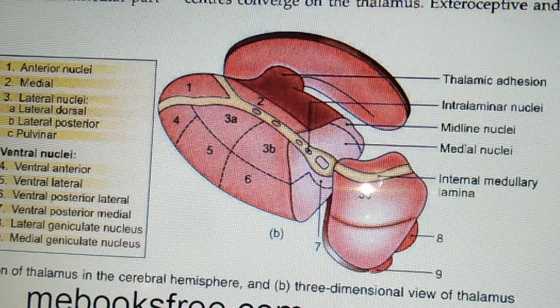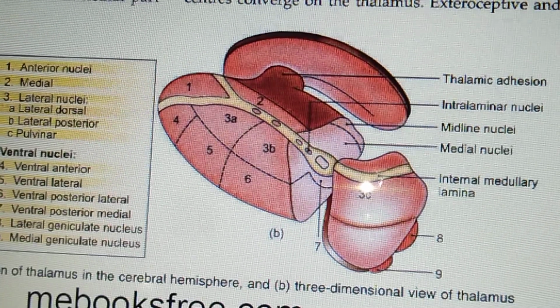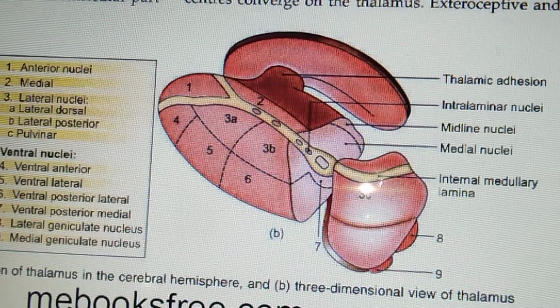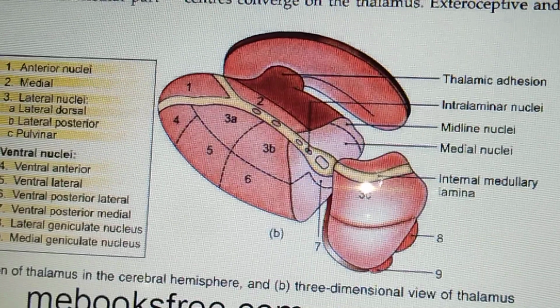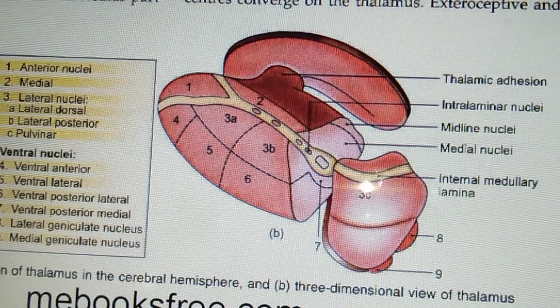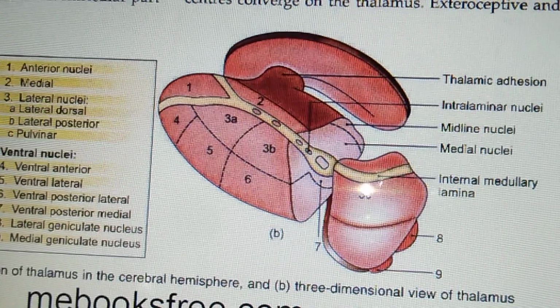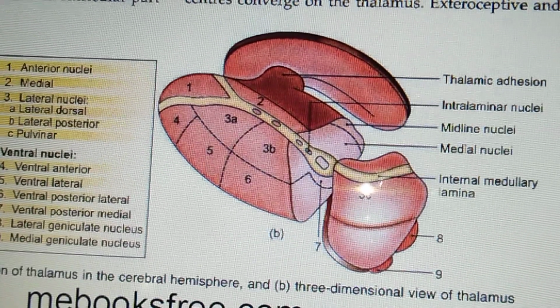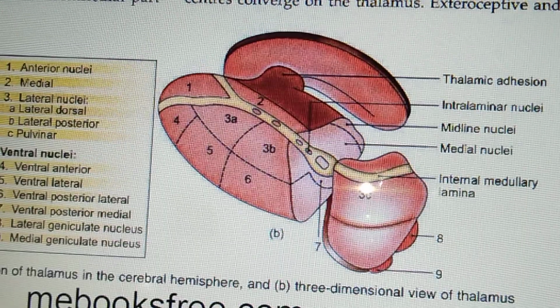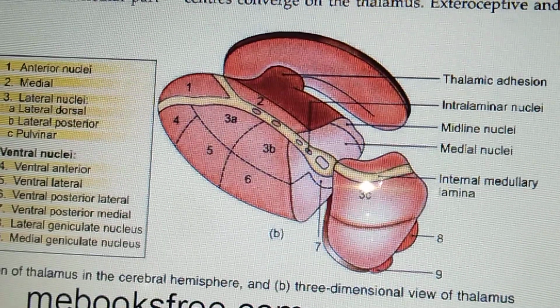Efferent projections also reach the corpus striatum, hypothalamus and the reticular formation. Besides its integrating function, the thalamus also has some degree of ability to perceive the exteroceptive sensations, especially pain. Okay, so this is in brief the functions of the thalamus, right?